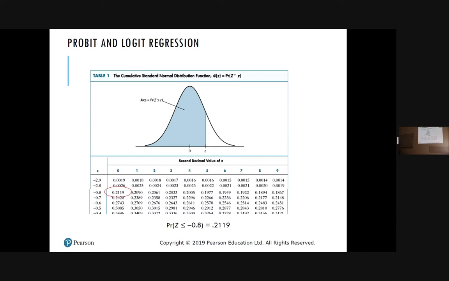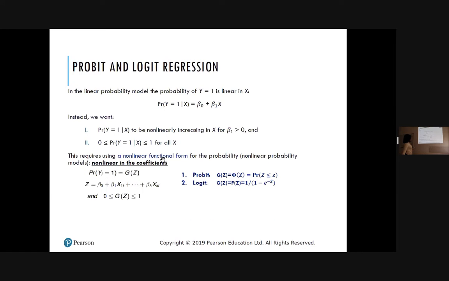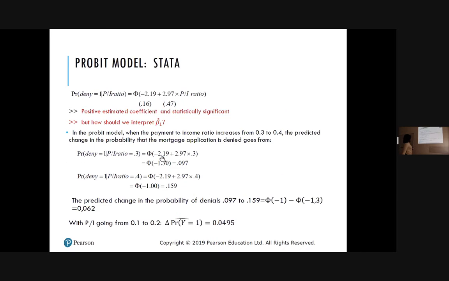Then when we are at x equal to 0.3, given beta 0 equal to minus 2.2 and beta 1 equal to 2.97, we have that the small z is equal to minus 1.3.